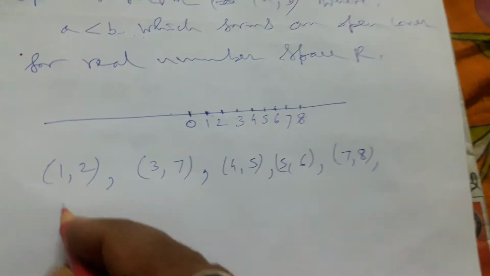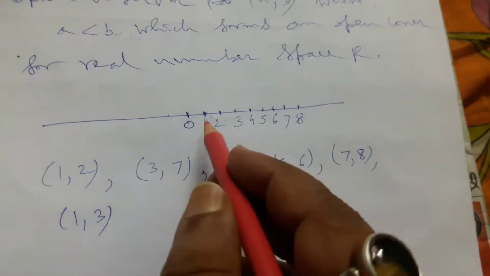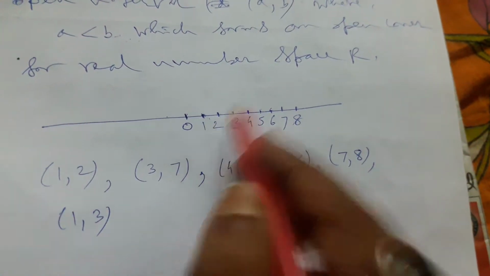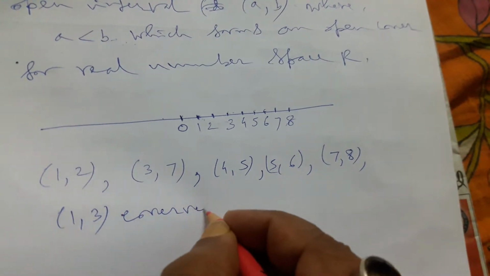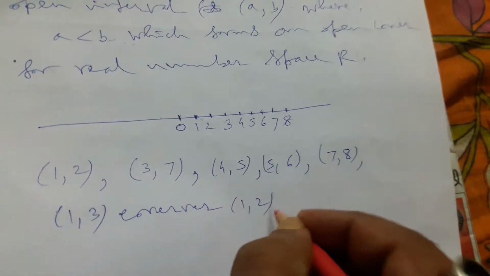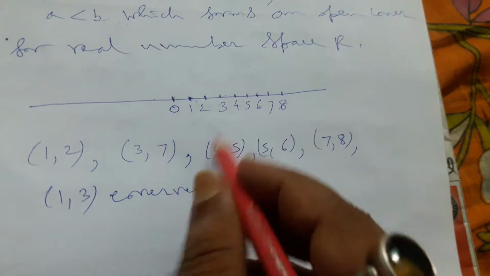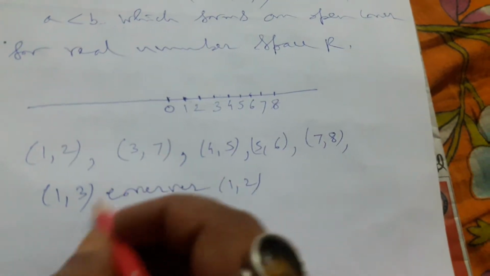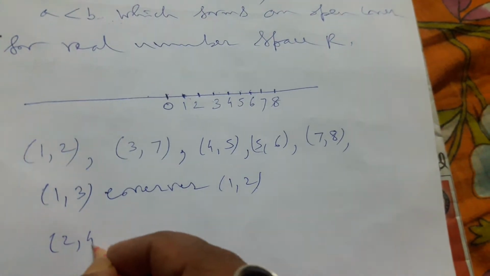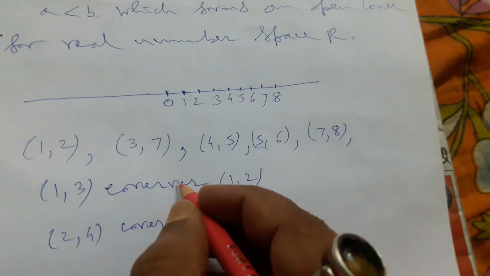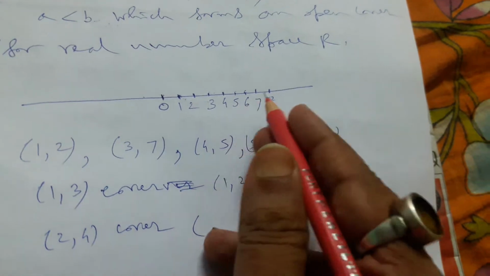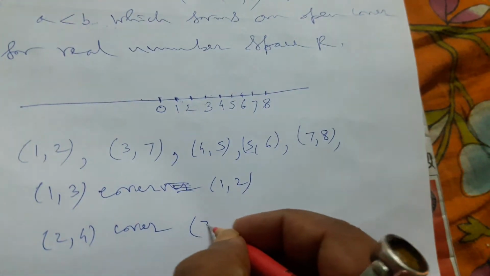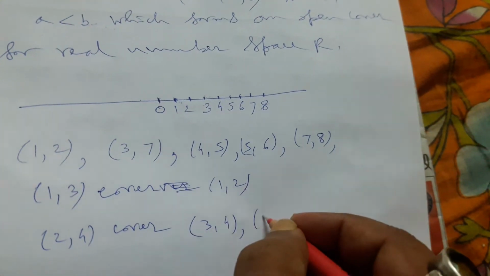And if we say the interval (1, 3), that covers (1, 2) already, and like (2, 4), an interval that covers (2, 3), (3, 4), in this way.